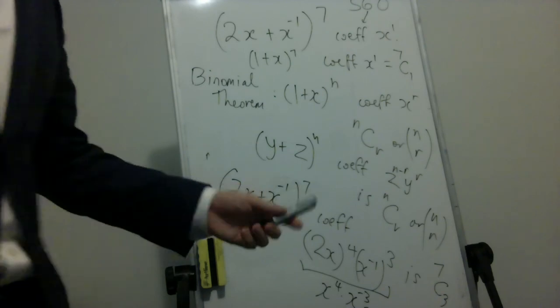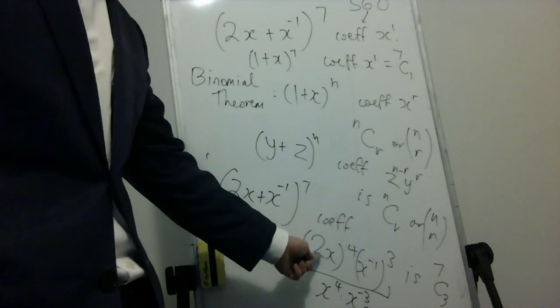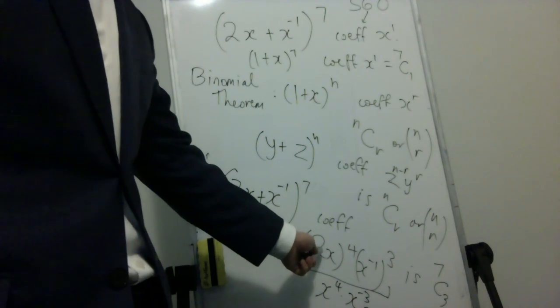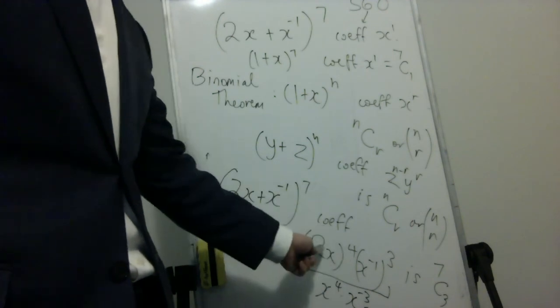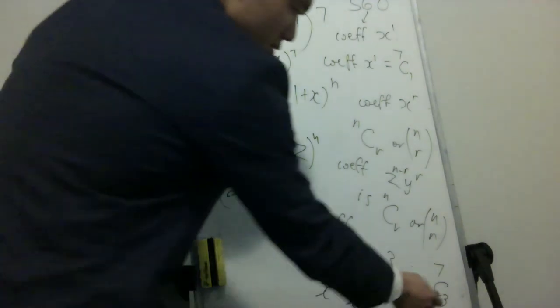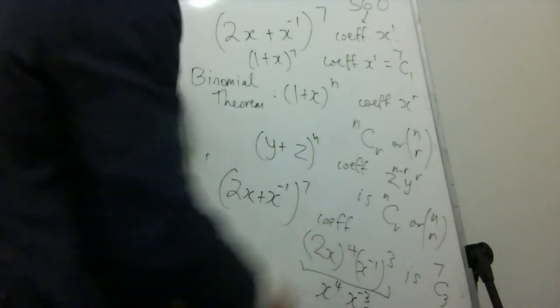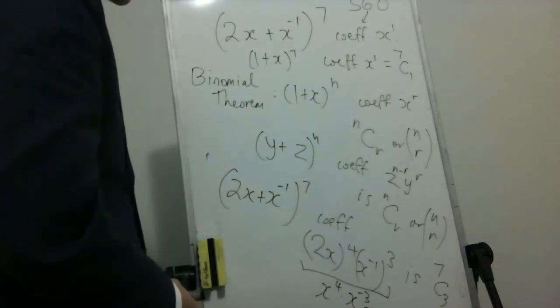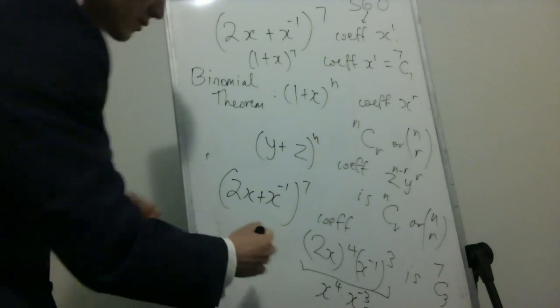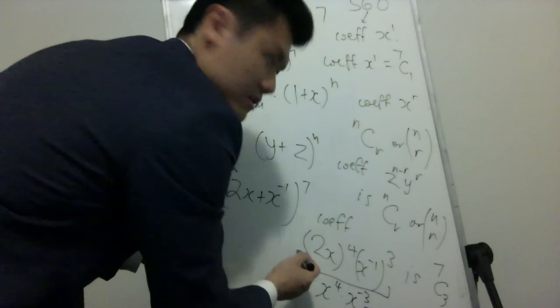Yeah, so the reason is it's the coefficient of this, but this has the 2 here. So that has a 2 to the power of 4. So this whole term will be 35 times 2 to the power of 4 times x. So the point is the coefficient is just a number times it.